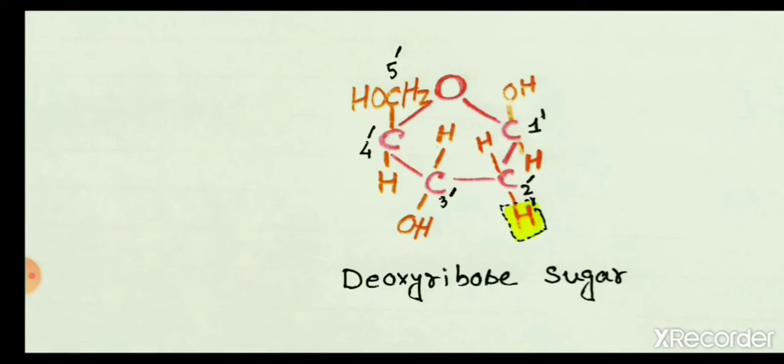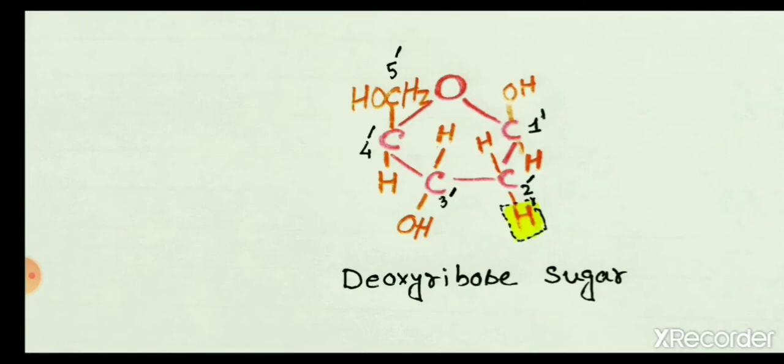We see that in this picture we number the atoms with prime numbers. Why do we use the prime numbers? This is to designate the numbers of the sugar molecule with prime numbers, to distinguish them from the positions of the nitrogen bases.